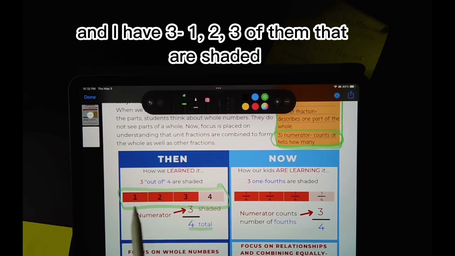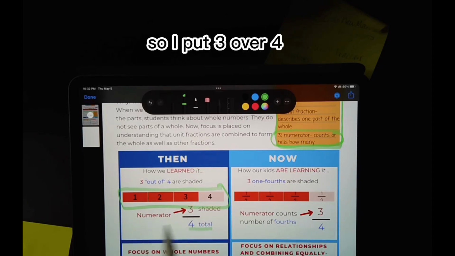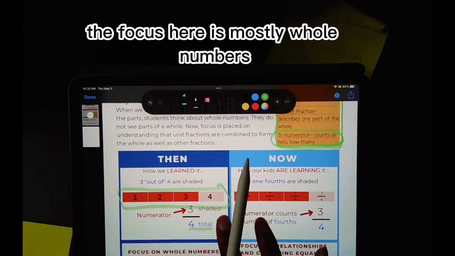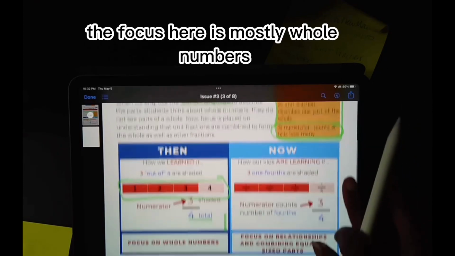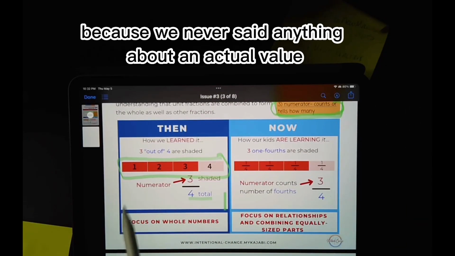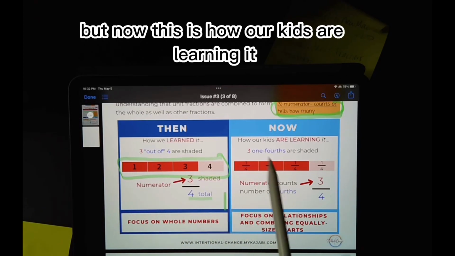And I have 1, 2, 3 of them that are shaded. So that's my numerator, and I put 3 over 4. The focus here is mostly whole numbers, because we never said anything about an actual value of each one of these parts.